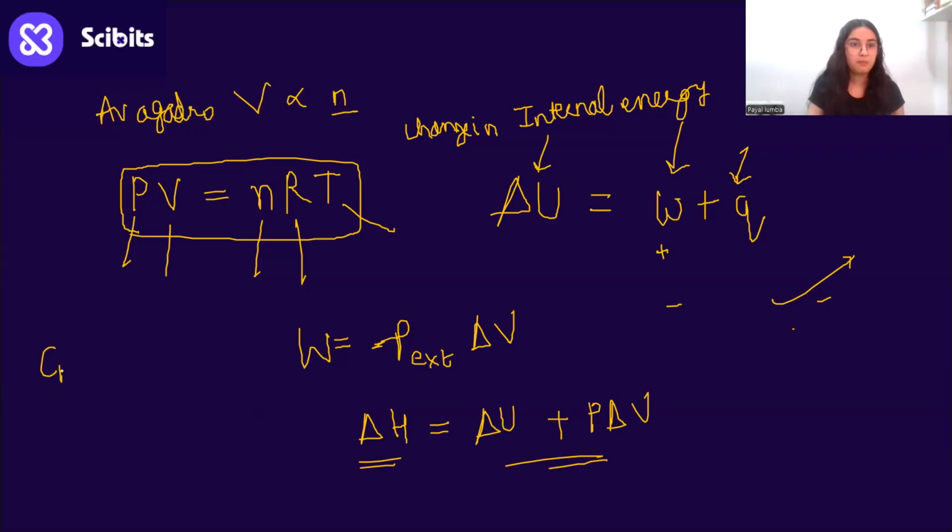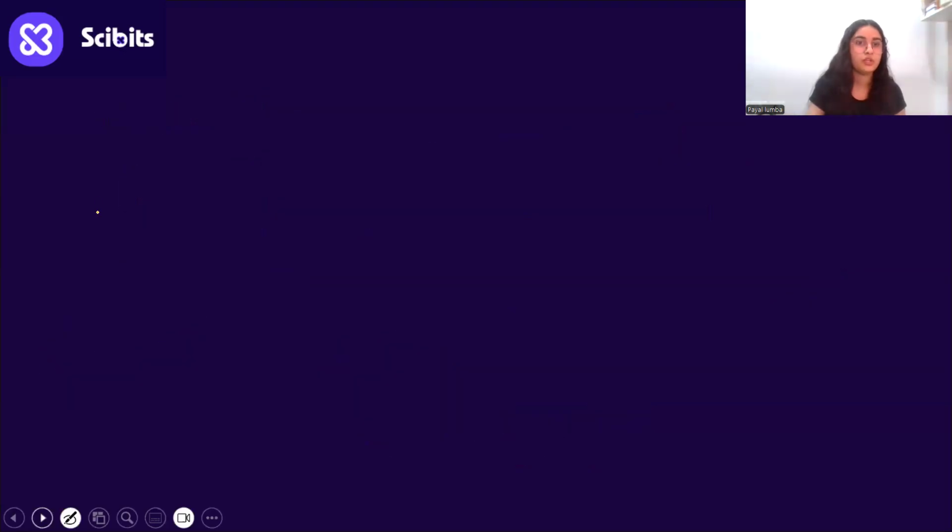And also one thing, Cp minus Cv is equal to R, where R is the gas constant. Cp is the specific heat at constant pressure, and Cv is the specific heat at constant volume.